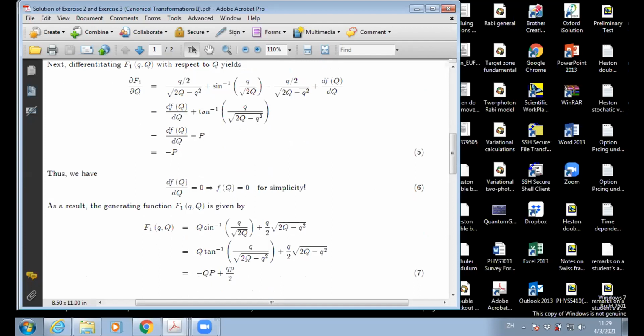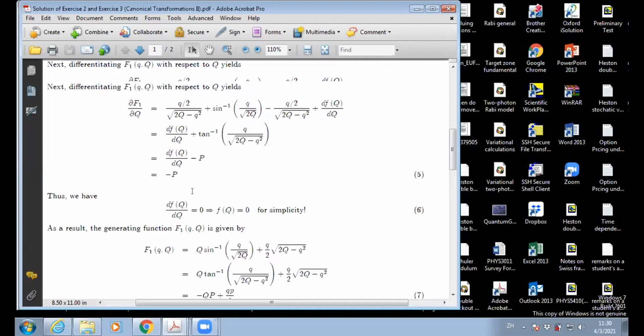All right, so this is the generating function for exercise 2. Then we will ask, will we be able to find a generating function of type 2, type 3 or type 4? All right.